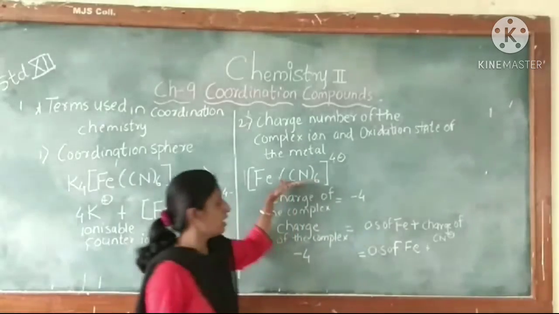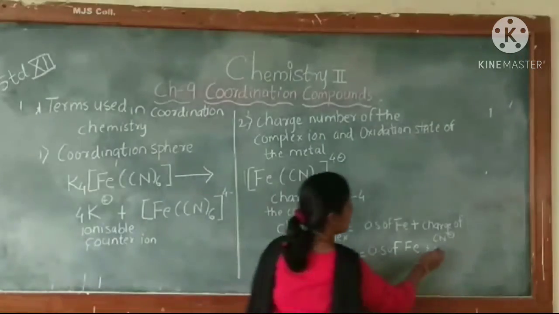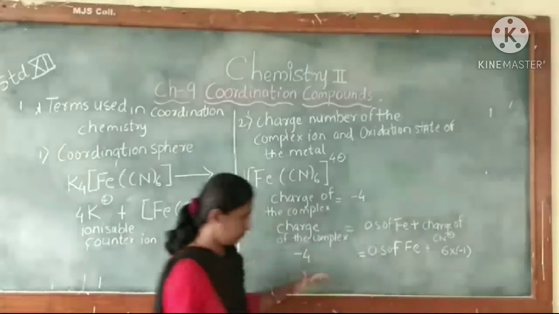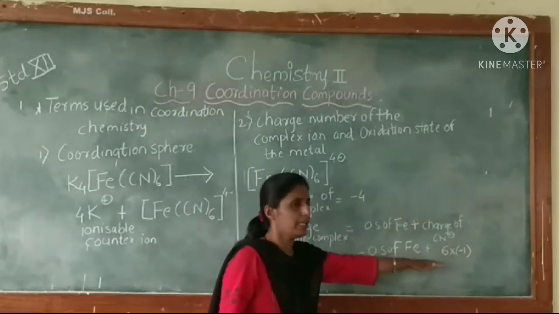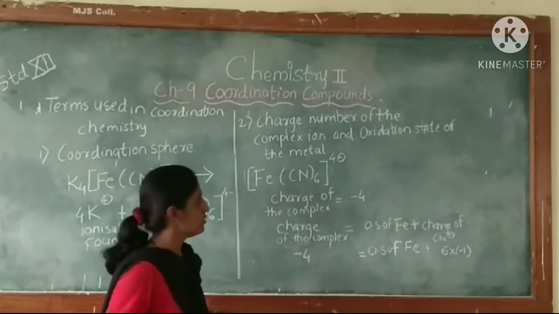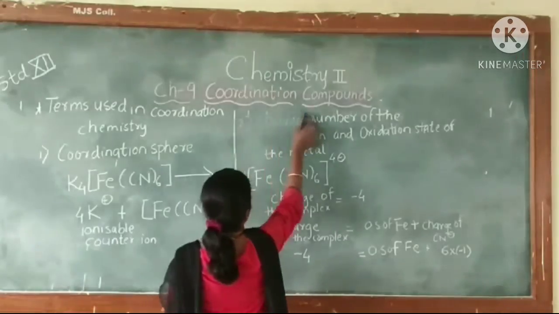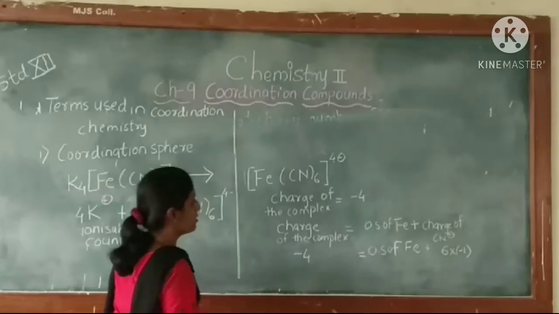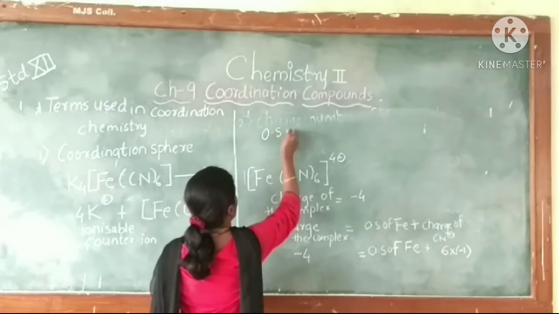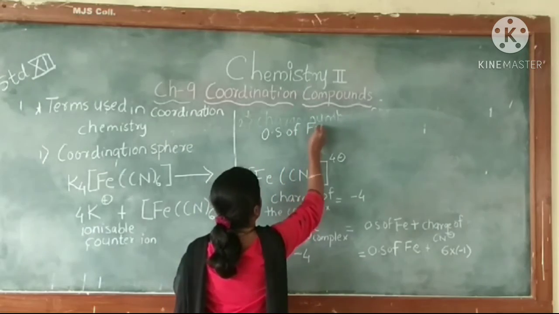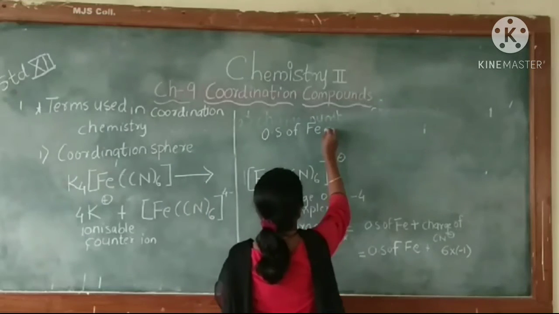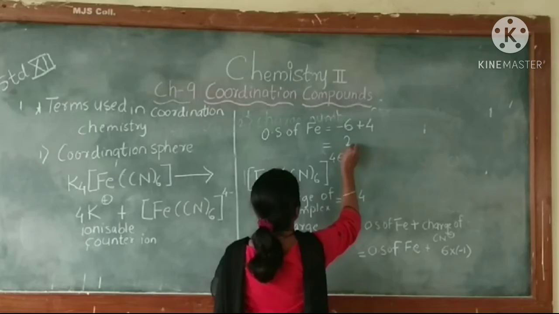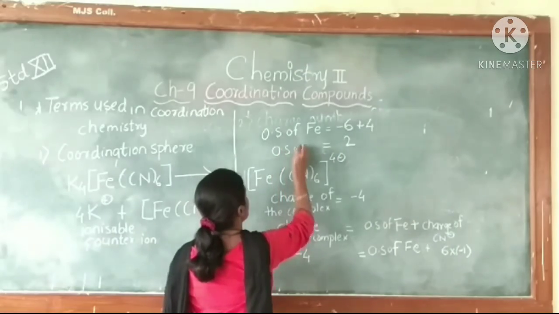So how many cyanide ions are there? 6. Each cyanide is carrying one negative charge, so total 6 negative charges. So we can write it over here like this: oxidation state of Fe is equal to minus 6 plus 4, that is equal to 2.